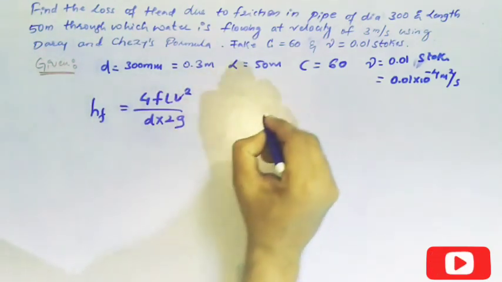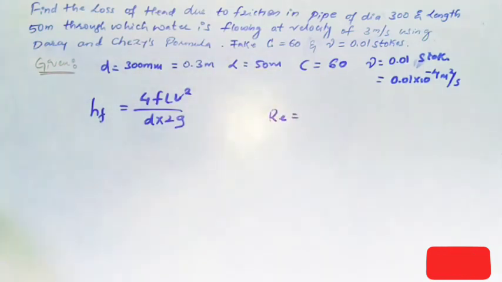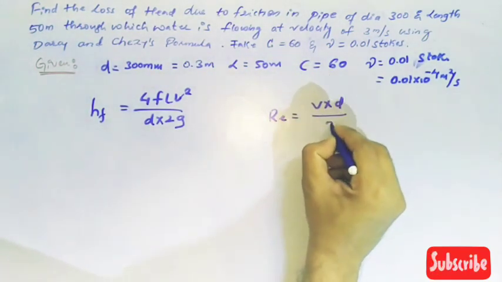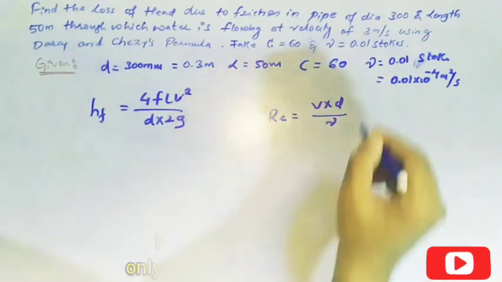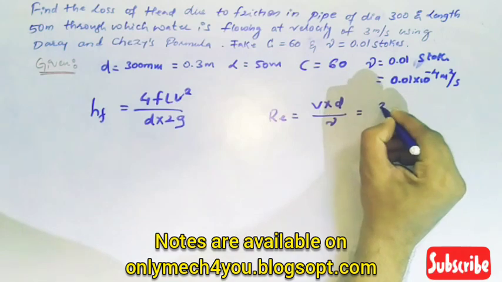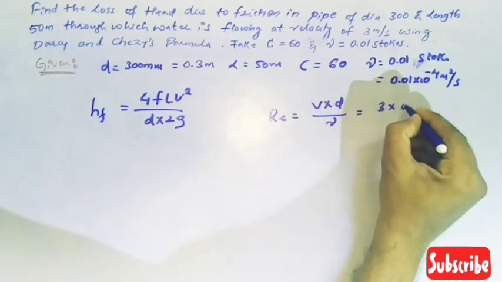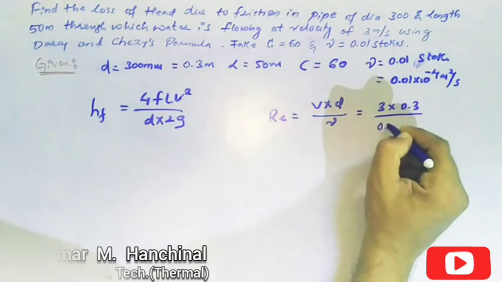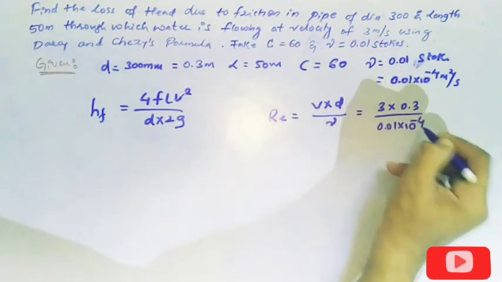Now Re is calculated, that is Re equals to V into D divided by mu. So now I have the velocity which is already given, that is 3, diameter is 0.3 meter divided by kinematic viscosity, that is 0.01 into 10 raised to minus 4.